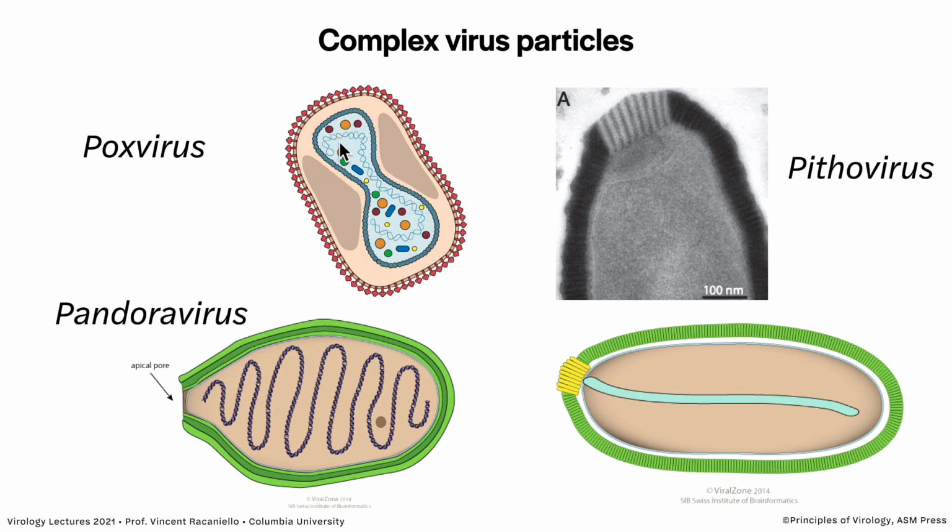And this is not really arranged in any kind of symmetry. Same with Pandoravirus and pithoviruses. They're not symmetric. They're very big, and they have multiple components besides membranes and internal proteins and nucleic acids. I've showed you the pores of the Pandoravirus and the cork of the pithoviruses before. So that's why we call them complex, because there's no symmetry involved, and they can get very big.